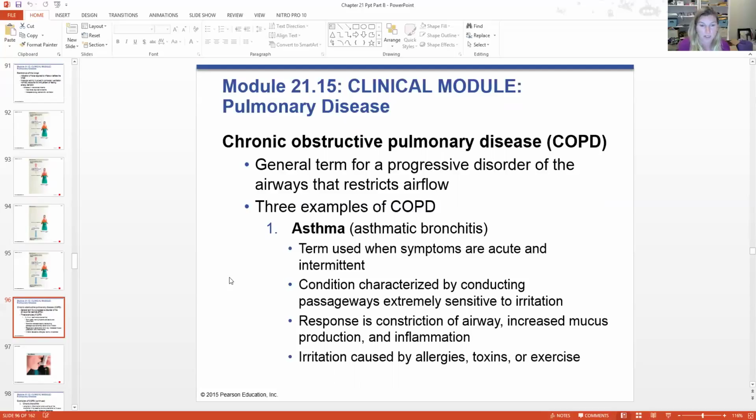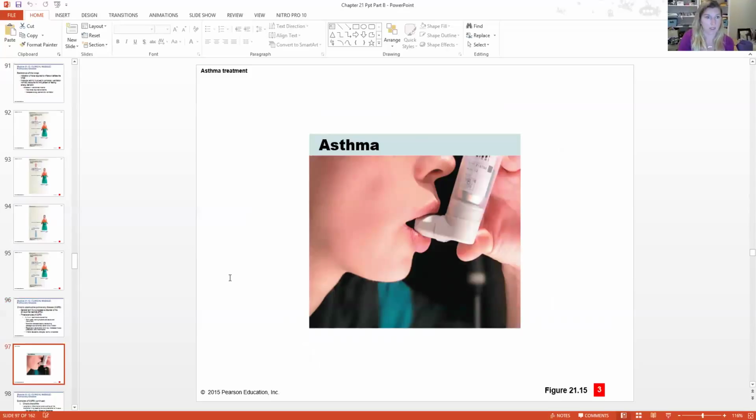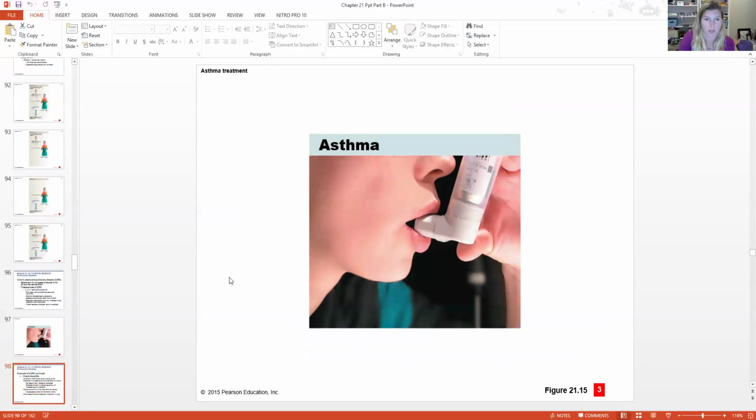They become irritated easily. The response is constriction of that airway or increased mucus production and inflammation, right? It could be caused by allergies, toxins, or even be exercise induced. Taking an inhaler, right, basically negates the effects of the bronchoconstriction, allowing for bronchodilation.